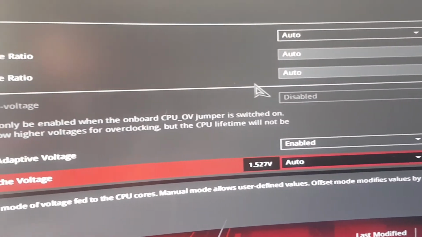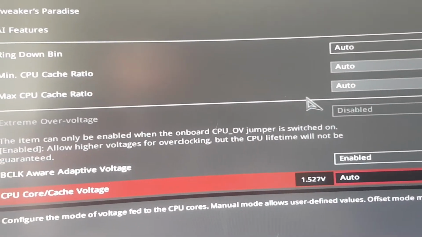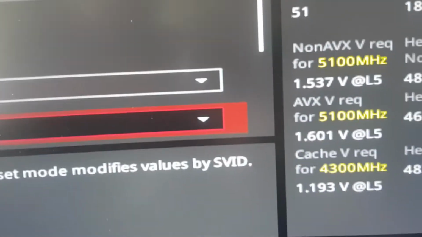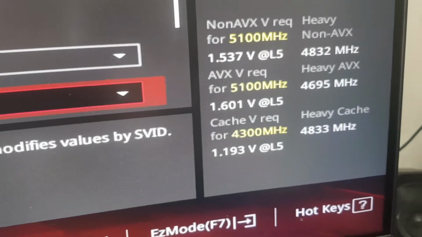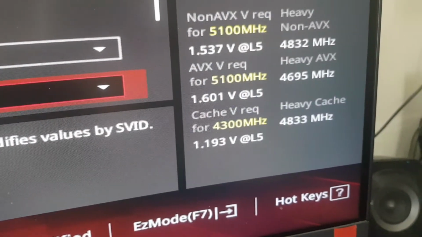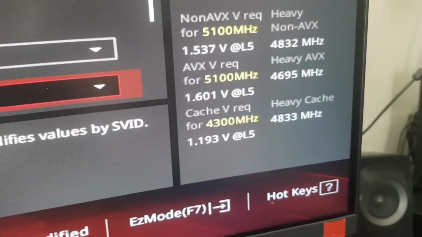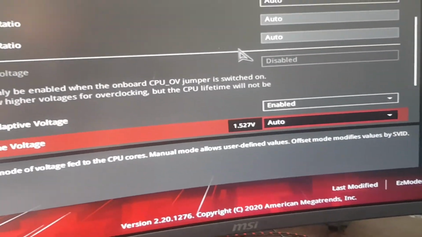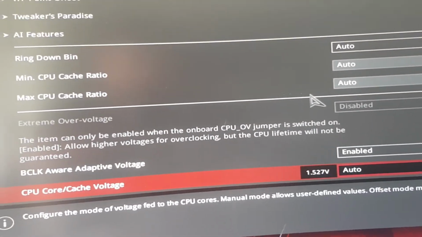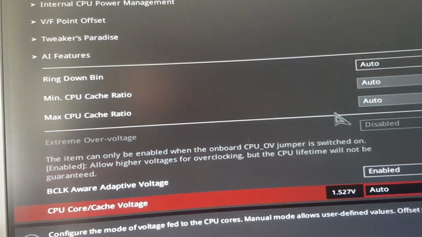And this is the problem, that the prediction is 1.537 volts at load line 5, and if we put it like here, this is the important view.